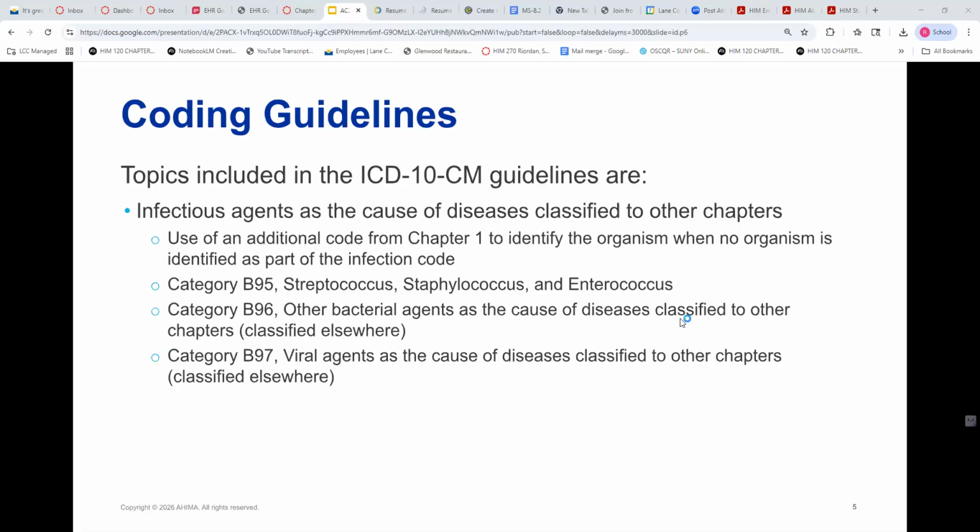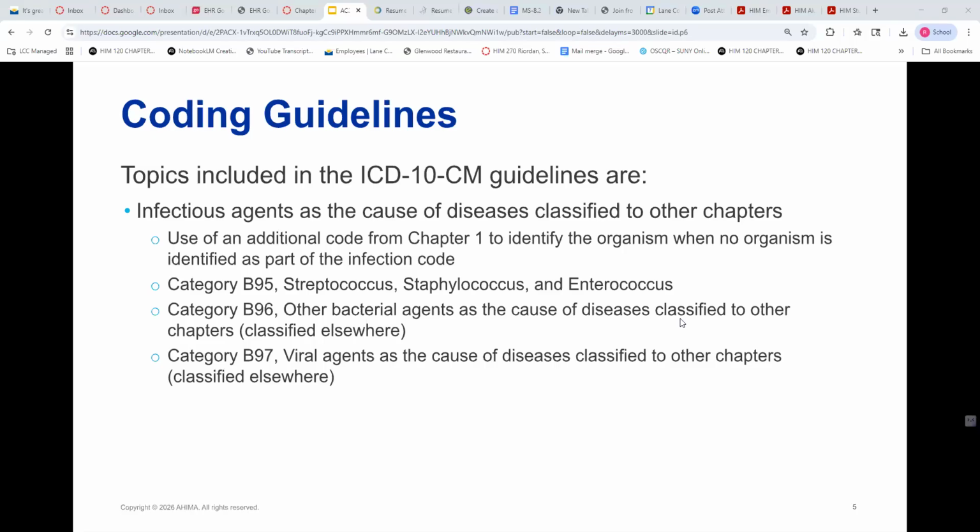And again, here's an example of what we talked about with the agent code. Some of these infectious organisms cause diseases somewhere else. So you would use an additional code from chapter one to identify the organism when no organism is included in part of the infection code.